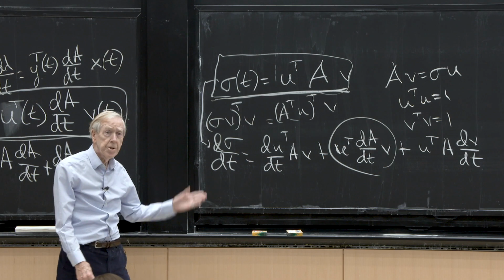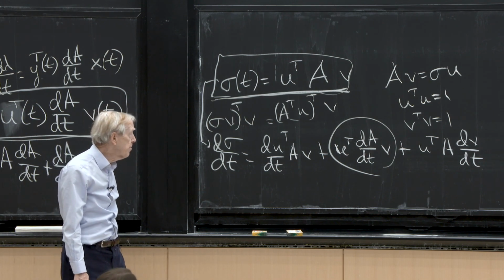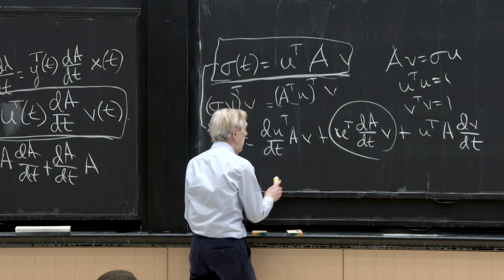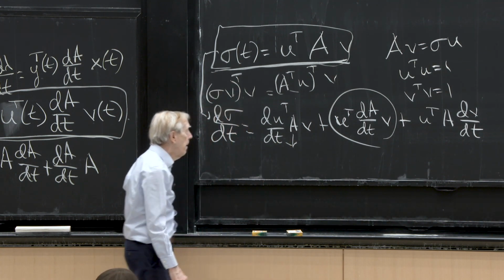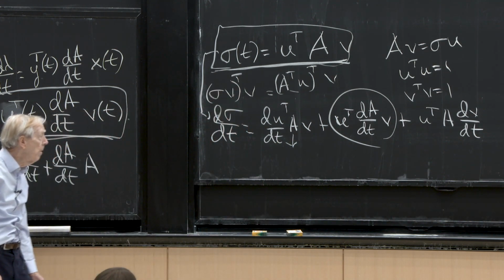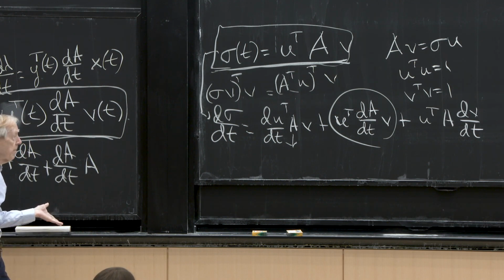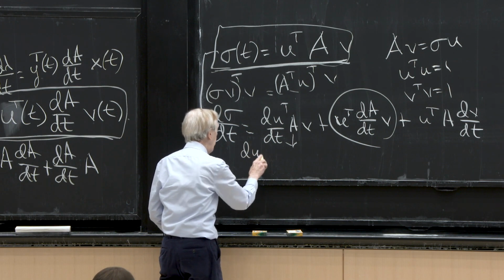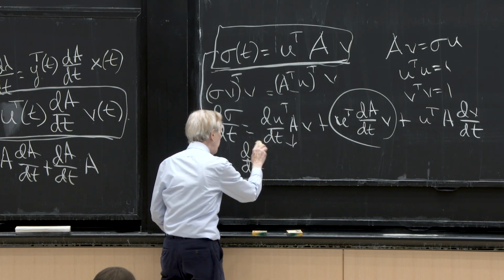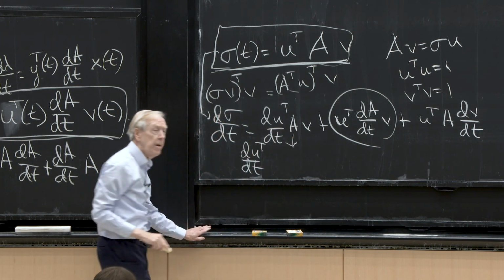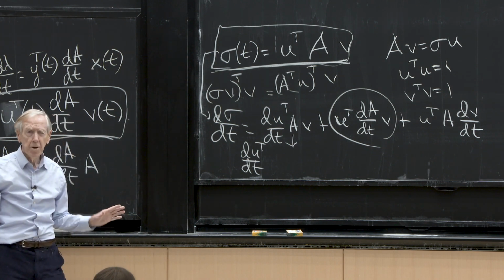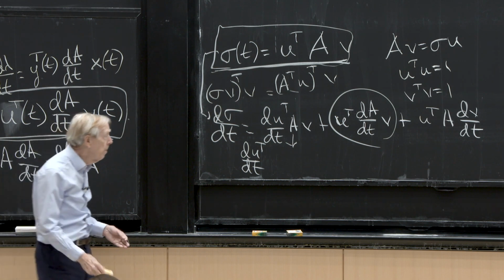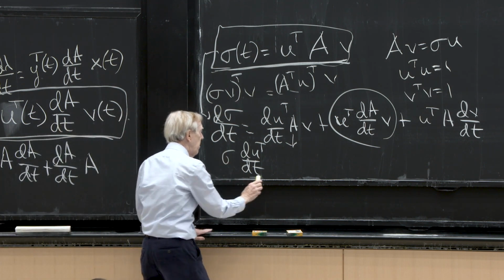So can we just take one of those two terms and show that it's 0, like this one? Okay, what have I got here? I want to know that term is 0. So what have I got? I've got du transpose/dt times AV. And everybody says, okay, in place of AV, write in sigma u. And sigma is a number, so I don't mind putting it there.